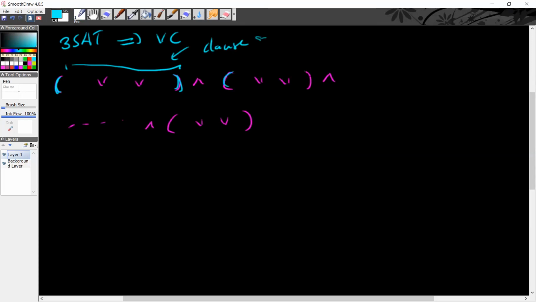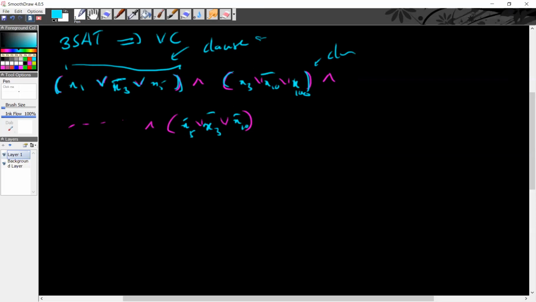Everything within the parentheses is a clause, and within a clause you have variables together. For example, it could be x1, not x3, let's say x5, maybe x3, x10, x100, and maybe over here it's not x5, not x3, and maybe not x10. Maybe over here it's x3, not x10 as well. Something like that.